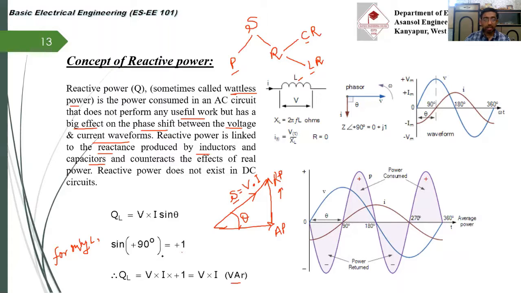So the sign will change and the whole system will change. Here it is written QL, where only L is present in the circuit. When C is present, it will be written as QC. Now this power consumption is also alternating in nature. You can see it is negative power, it is positive power. So it is alternating in nature.